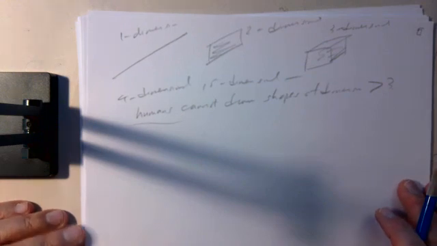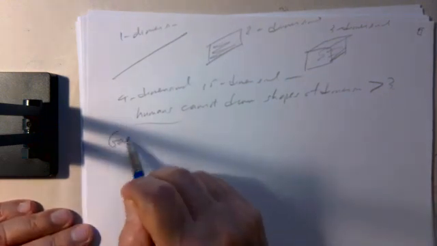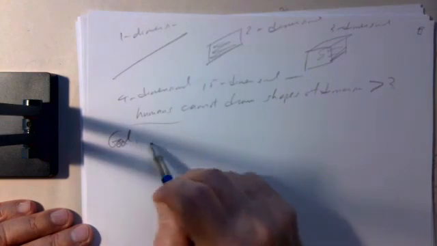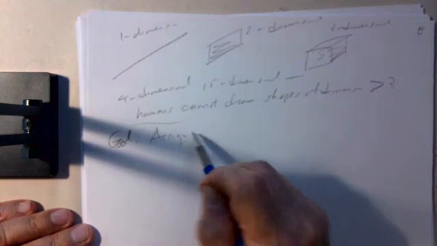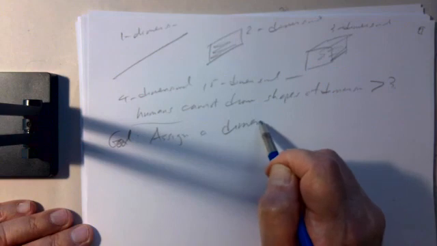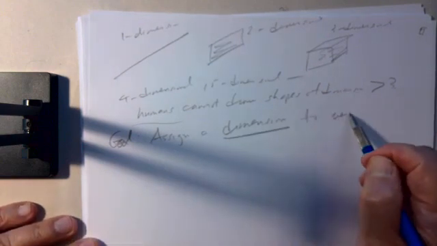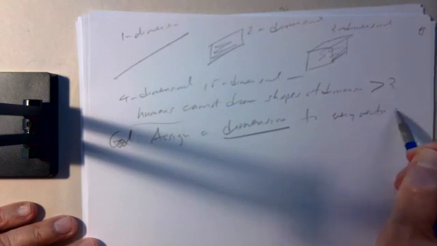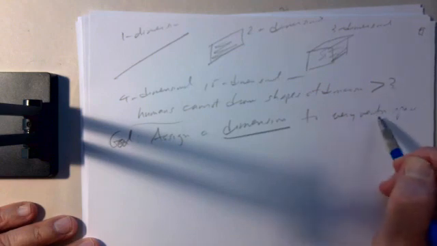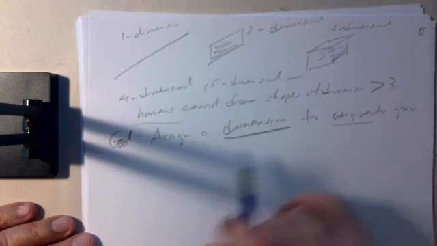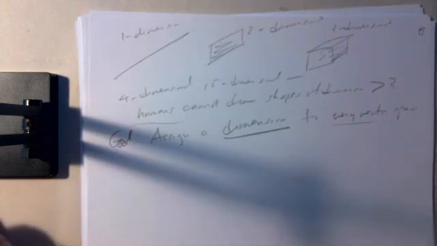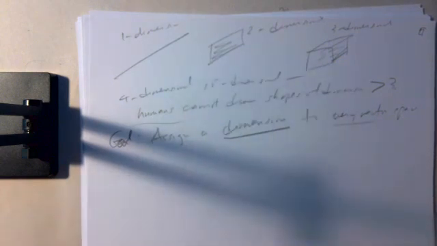But our goal is to assign a dimension to every vector space. Right? We'd like to somehow define the dimension of a vector space, which generalizes what we grew up believing and knowing.